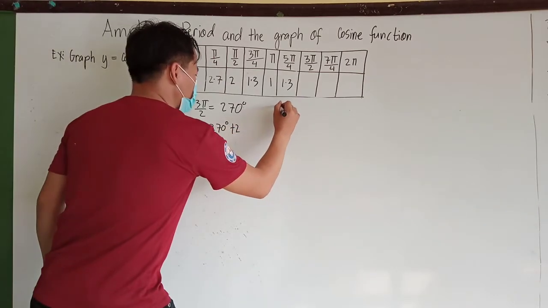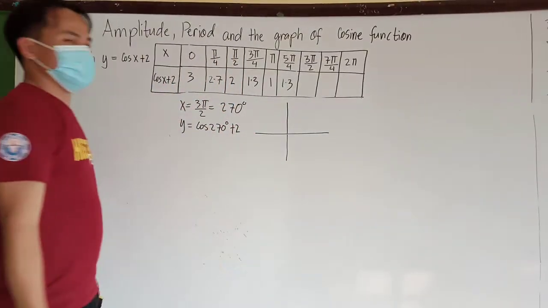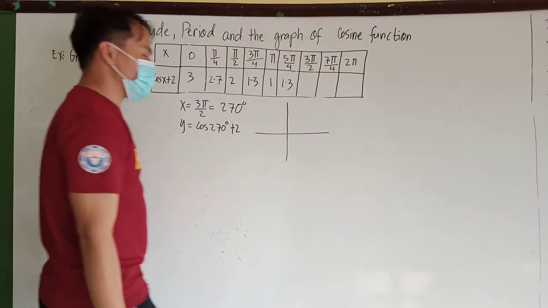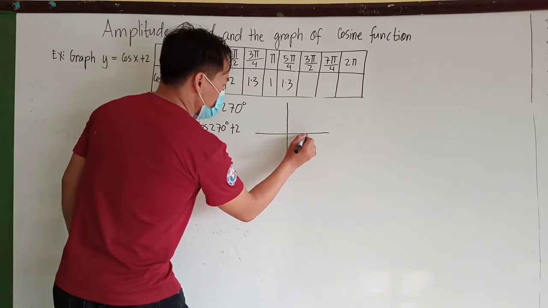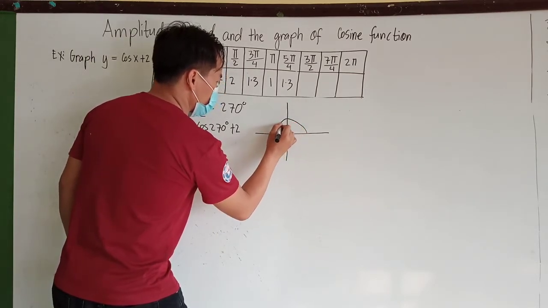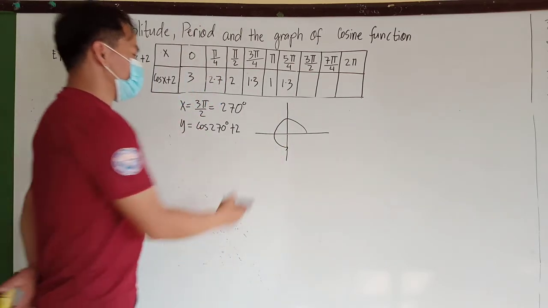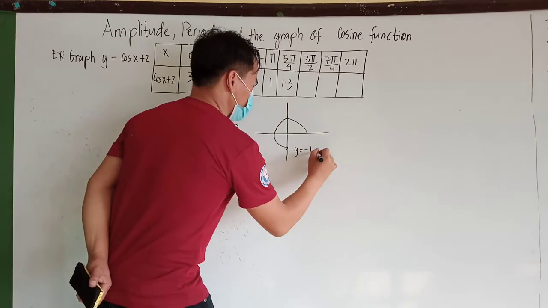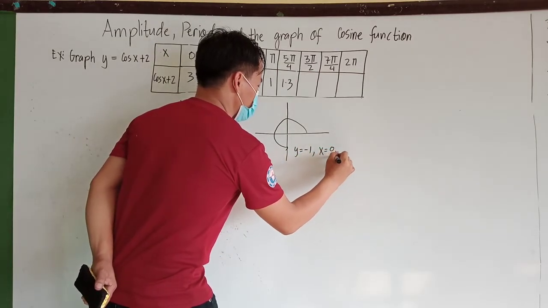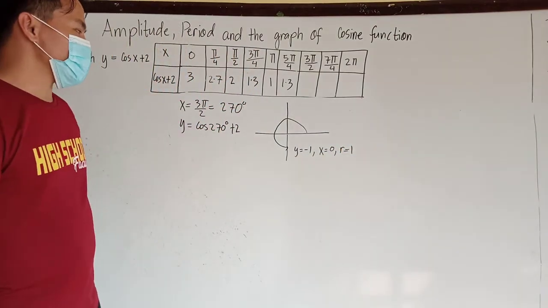Okay, using the rectangular coordinate plane, we can draw actually using the concept of the unit circle as well as the special triangle. So for cos of 270, at this moment, we know that y is equal to negative 1, x is equal to 0, and r is equal to 1, using the concept of the unit circle.